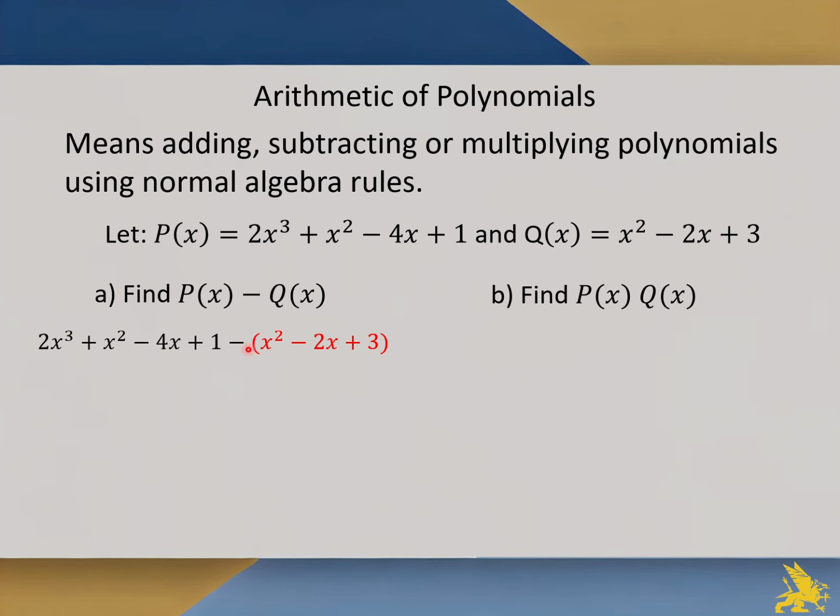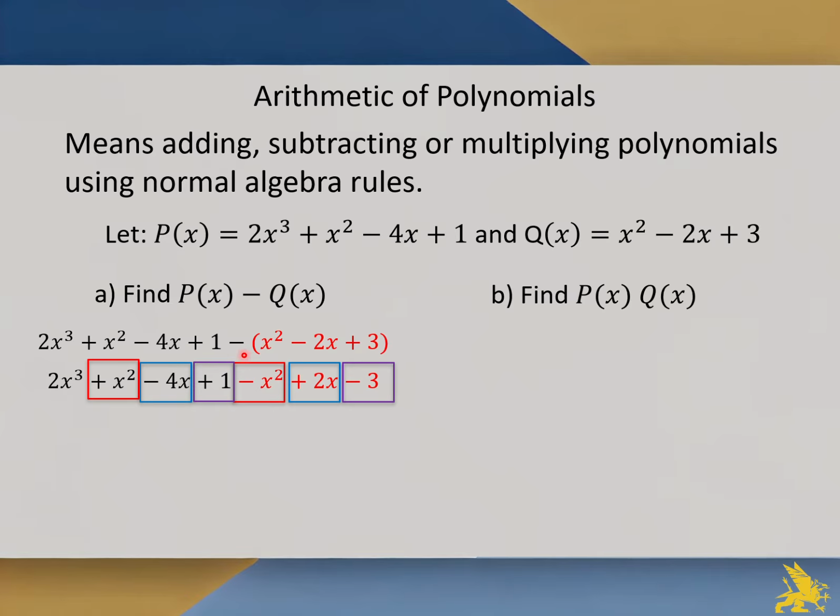So this takeaway sign is going to be applied to every single term. So this will be negative x squared, negative is plus 2x, and negative and a positive is negative, so -3.